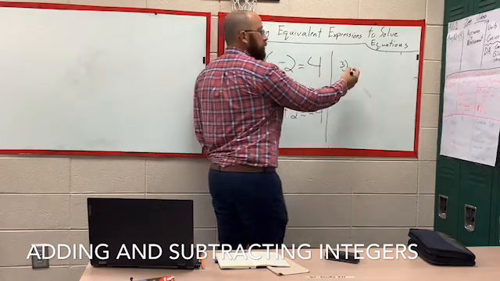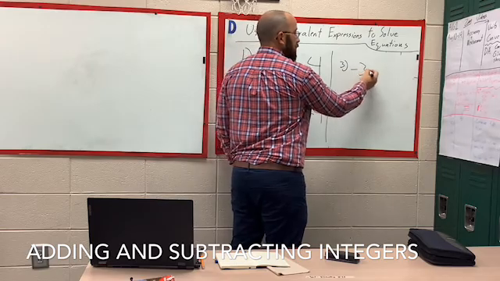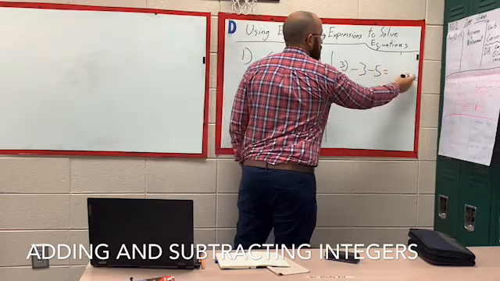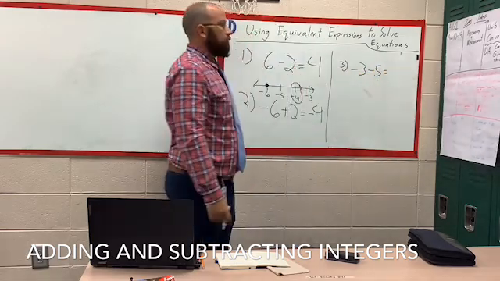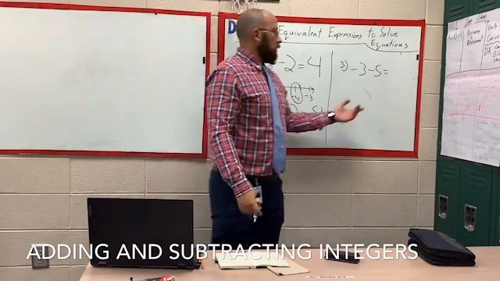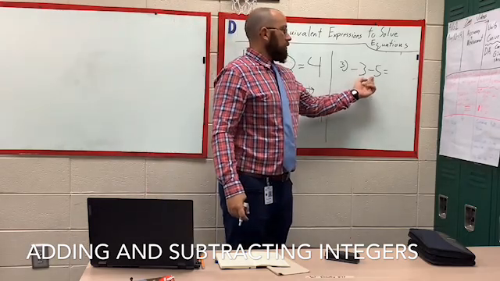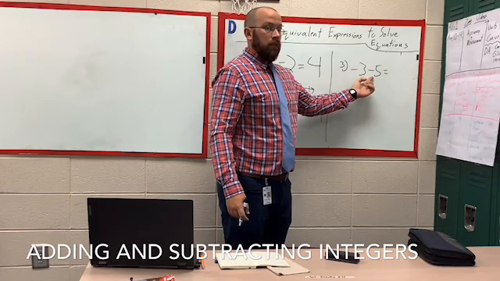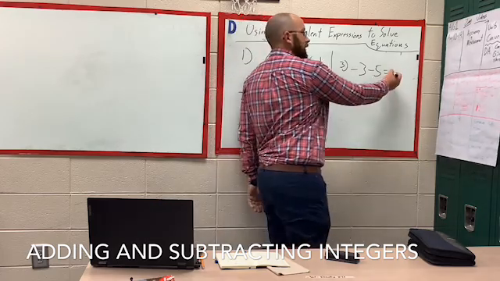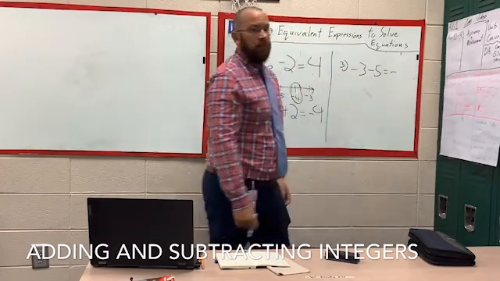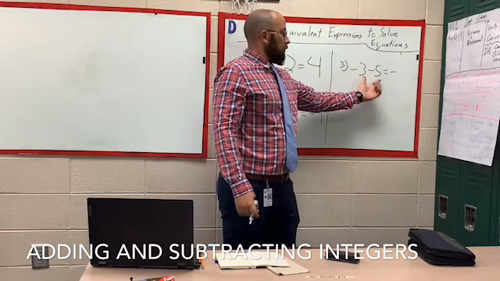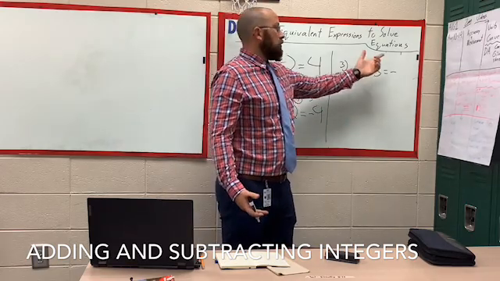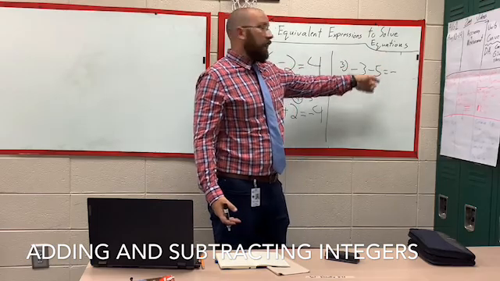So now we'll do -3 minus 5. You have 2 negatives, all right? So if you have 2 negatives, you know instantaneously your answer is going to be negative. When it comes to adding and subtracting, again, do not use what we use for multiplying and dividing here.